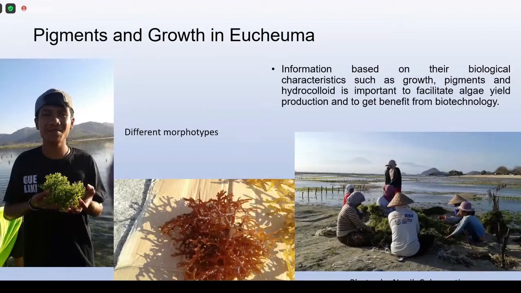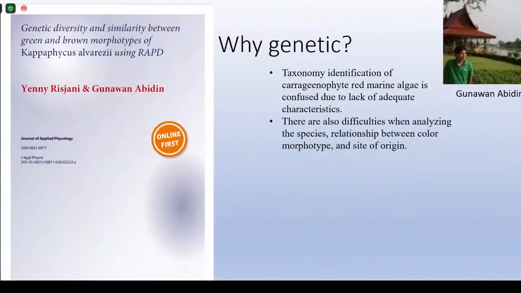So it is very useful if we can use another method for taxonomy. And we can see the taxonomic identification of carrageenophyte red marine algae is confused due to lack of adequate characteristics. This has been written in the published journal.